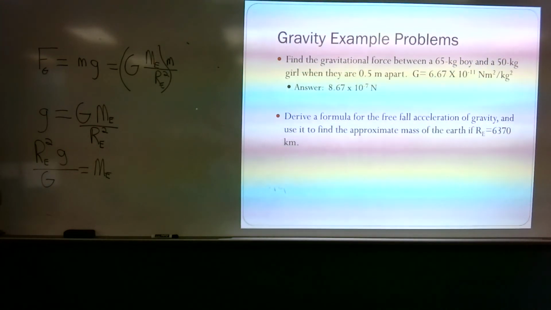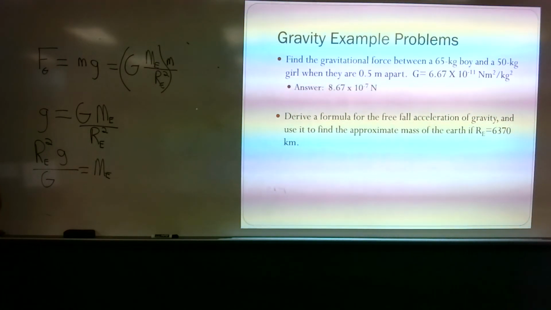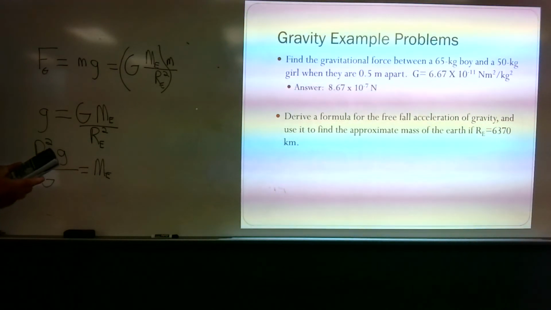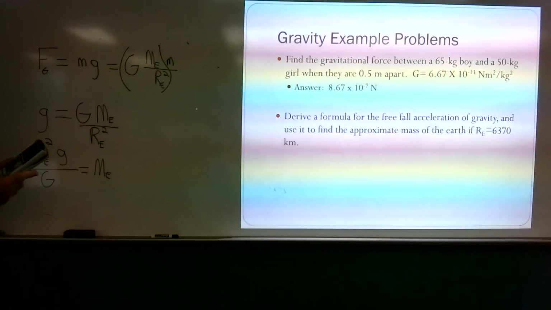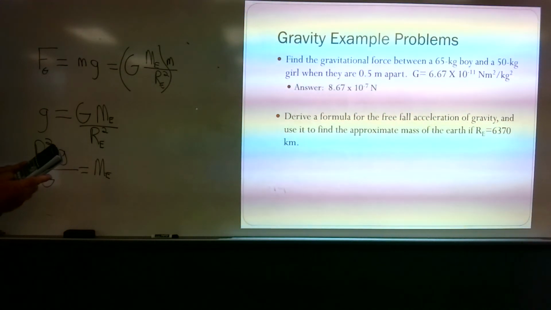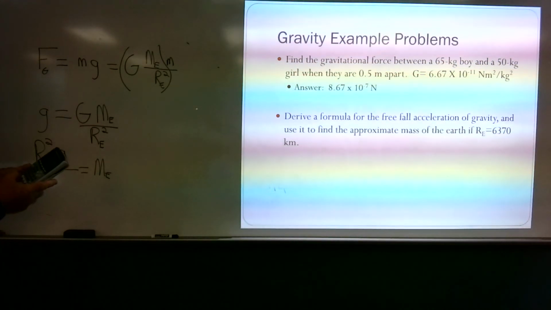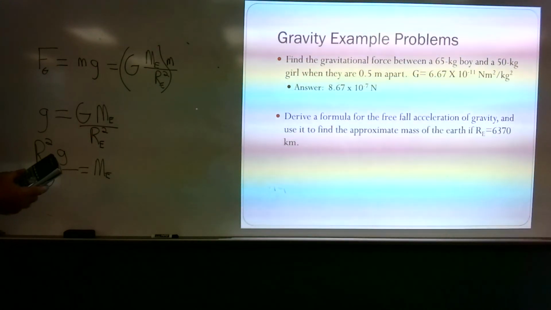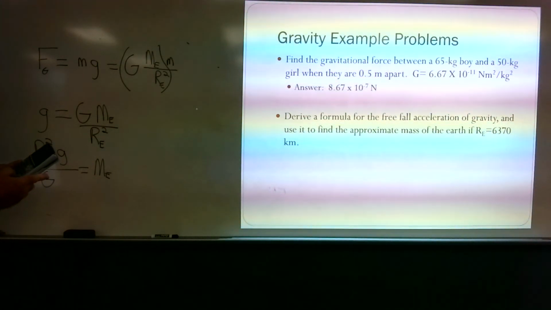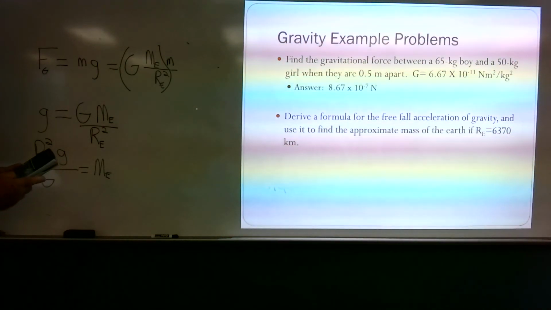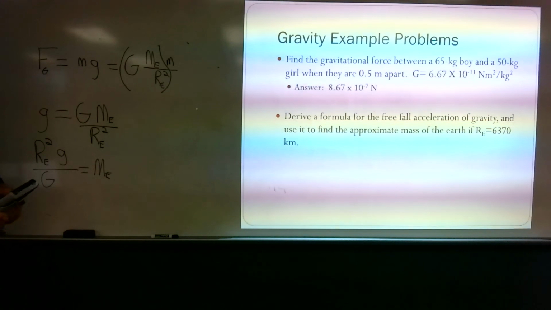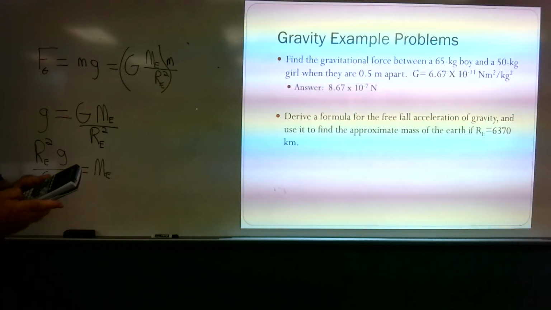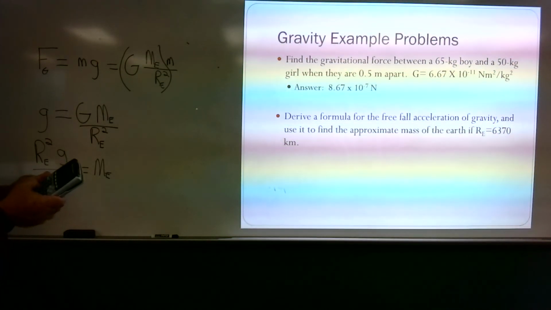We're going to use g equal to 9.81 because that's the worldwide average. So we'll say 6370 times 10 to the 3 meters squared. On the calculator: 6370, second function EE, 3, that's the radius, squared, times 9.81, divided by, and big G was, as I said before, 6.67, second function EE minus 11.